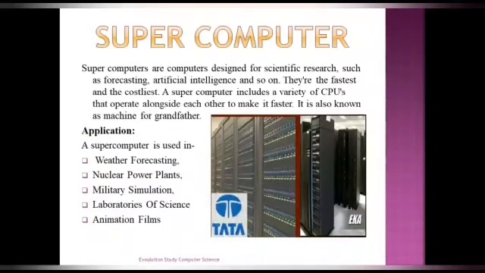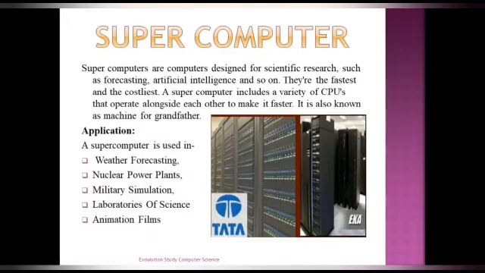Now let's take a quick look at what a supercomputer is. Supercomputers are computers designed for scientific research, such as forecasting, artificial intelligence, and so on. They are the fastest and the costliest. A supercomputer includes a variety of CPUs that operate alongside each other to make it faster.